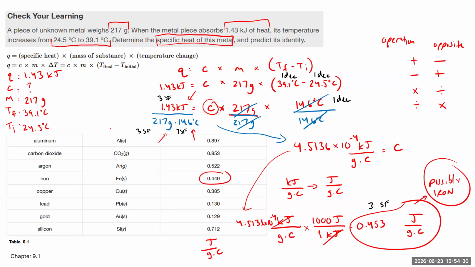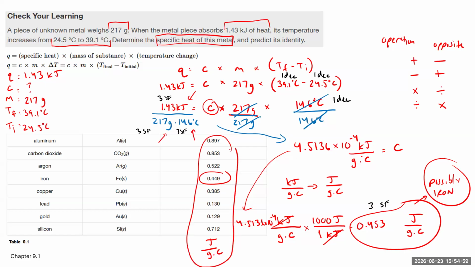So again, we looked at the variables, we plugged them in, we did the parentheses first, and then we needed to isolate the variable by performing the opposite operation to both sides of the equation to get everything on one side. Then we had to convert from kilojoules per gram Celsius to joules per gram Celsius, because that's what these units are.